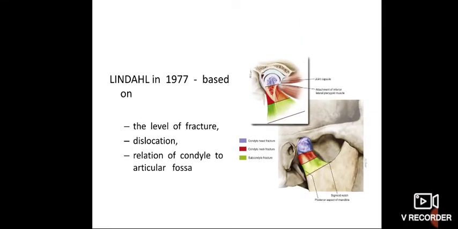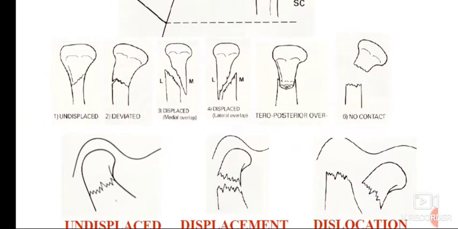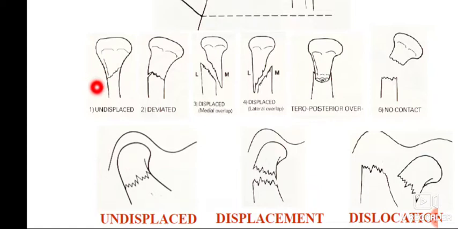The second component is the relationship of the condylar head, the proximal segment, to the distal segment. The distal segment is the rest of the ramus. So the first we have seen is condylar head, neck and subcondyle. Now, whether the fracture is displaced or undisplaced is an important fact.